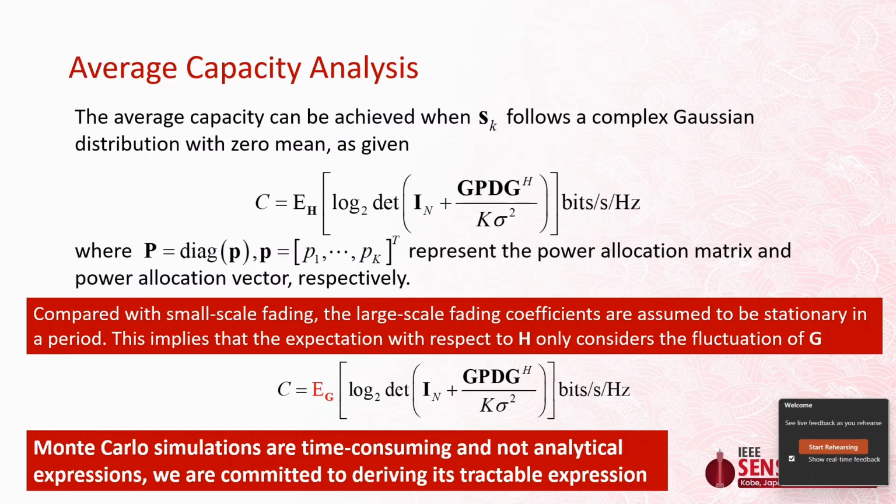This implies that the expectation with respect to H only considers the fraction of G. The Monte Carlo simulations are time-consuming and do not give analytical expressions, so we want to eliminate this expectation. We are committed to deriving its tractable expression.